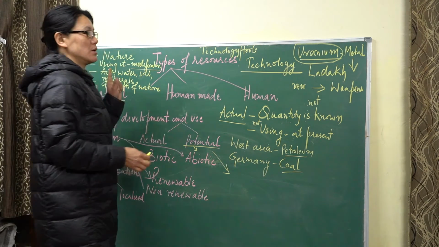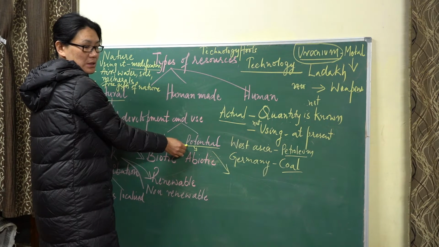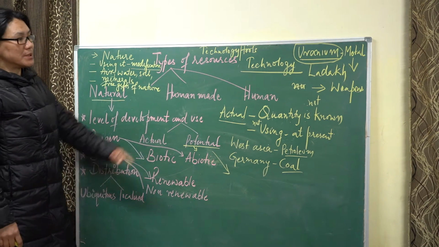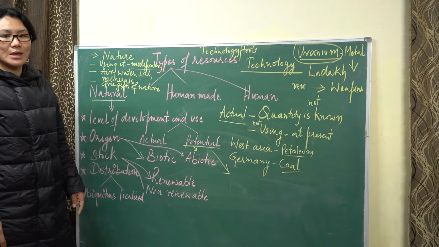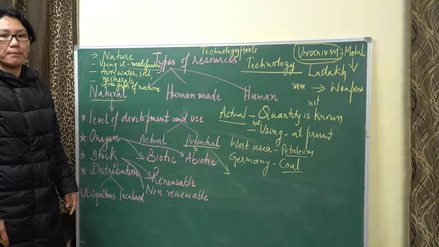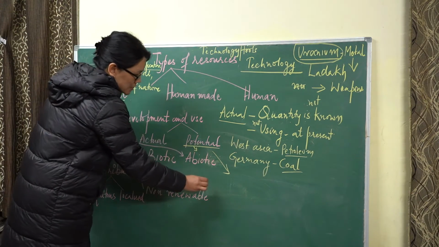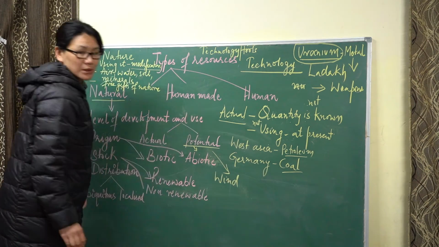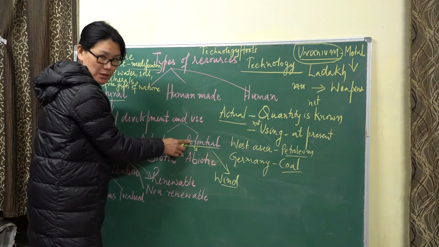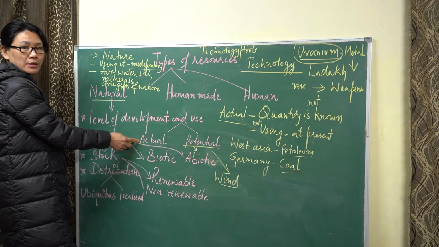So in earlier days, uranium was a potential resource, but now countries are developing weapons by using uranium. So at present, such potential resources are used by the countries. Then another example of potential resources is wind. Wind was a potential resource before, but now this wind has become an actual resource here, right?